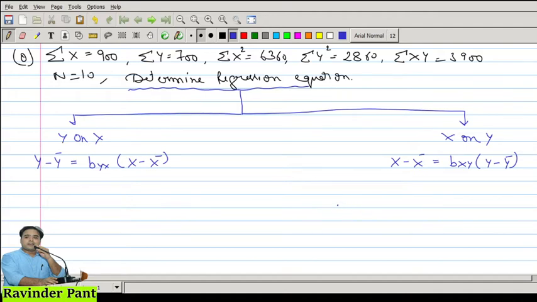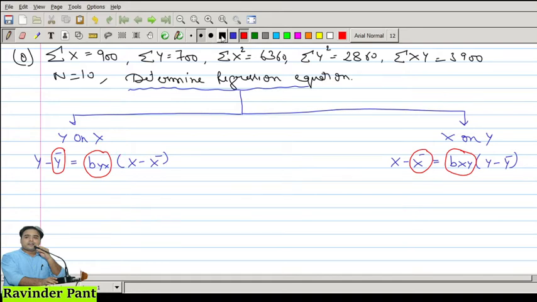So we can see from here that we need two variables: the regression coefficient y on x and the mean of y, and similarly the regression coefficient x on y and the mean of x. To complete this equation we need these two things.